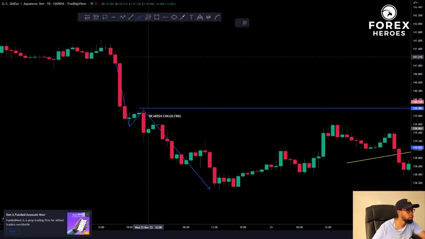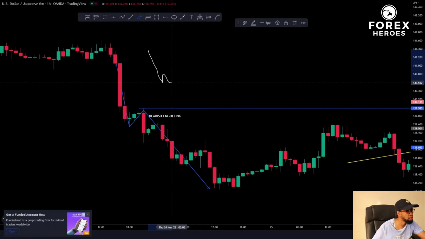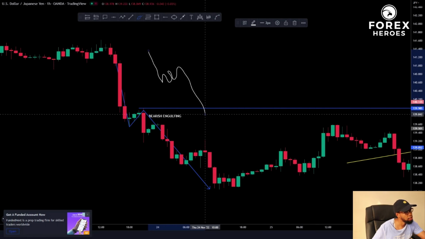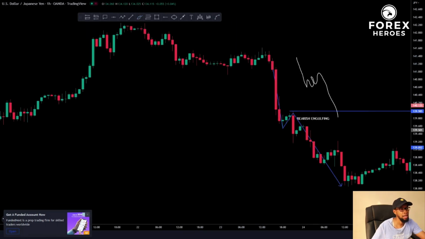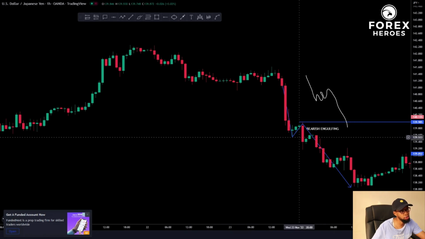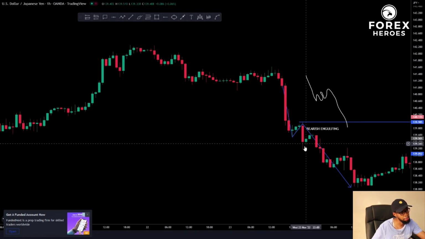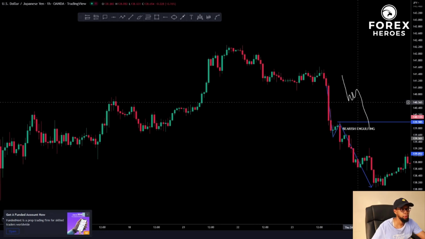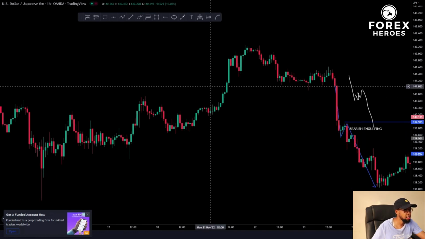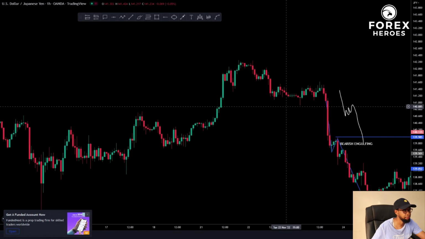What do we know? We know that we have impulse, correction, impulse. So this is just a simple way of analyzing, but you can see that on this one we have a bearish engulfing, confirming the further strong push to the downside.